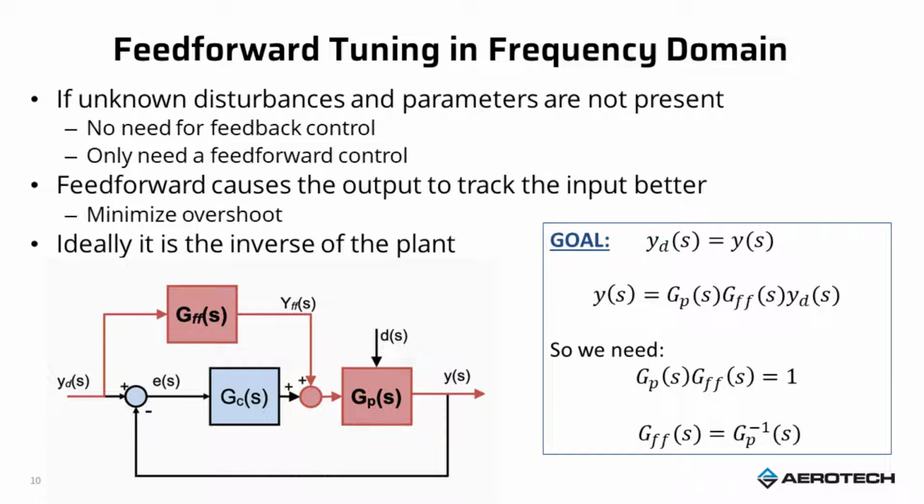Our goal is that our output, Y, should be equal to YD, so if I just write the transfer function from the output to the input, I have Y of S is equal to GP of S, the plant, times GFF of S, the feed-forward, times YD. So if I compare these first two equations, then obviously GP times GFF equals 1 gives me exactly what I want, and therefore the feed-forward should just be the inverse of the plant.